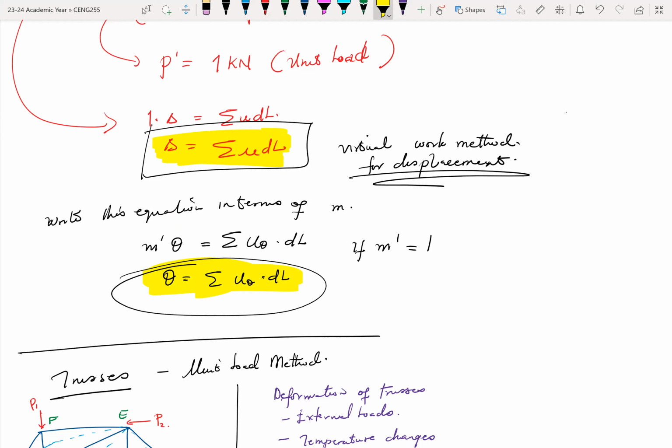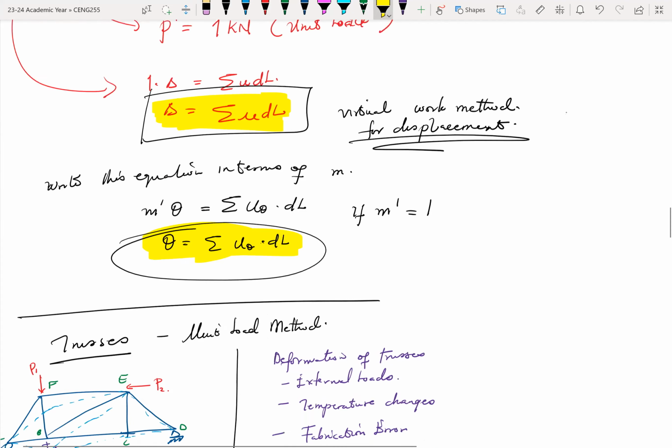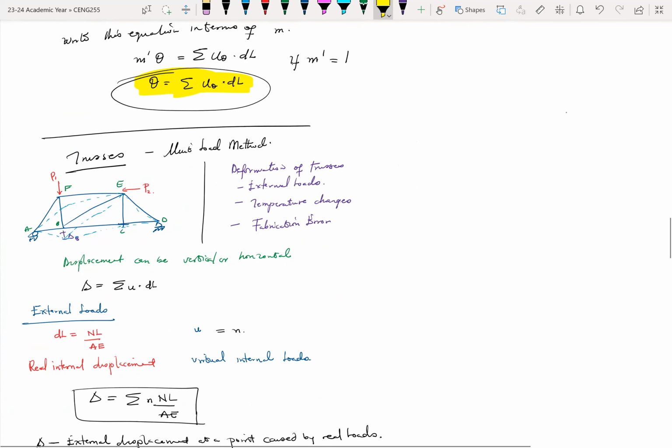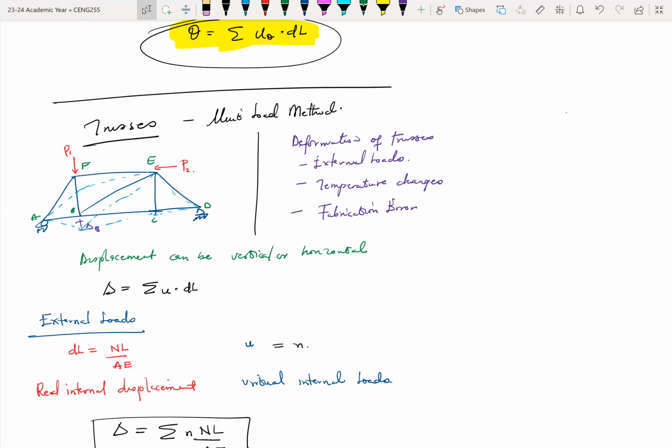All right. So these are the general equations. Then we need to reformulate these equations so that we end up with specific equations which work for the different structural types. So we started by looking at trusses, and we mentioned that for trusses, deformation can occur under three main categories. One is external loads on the truss.